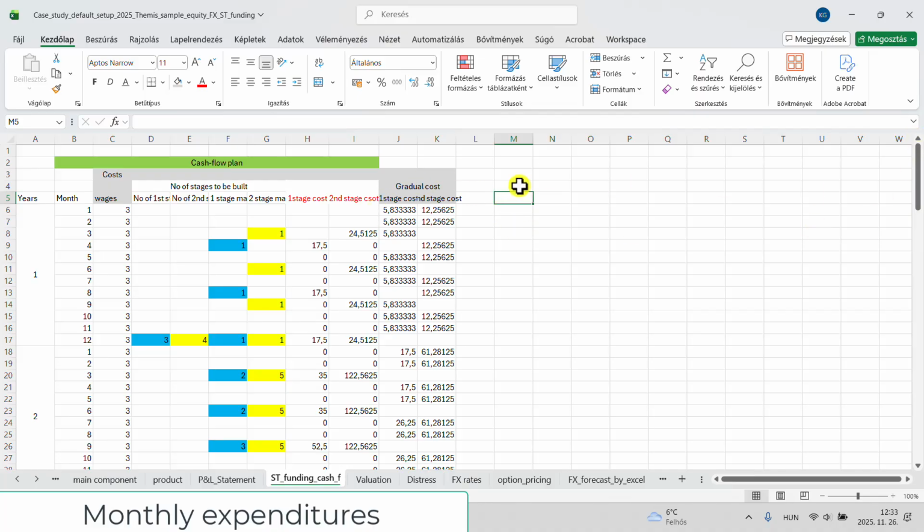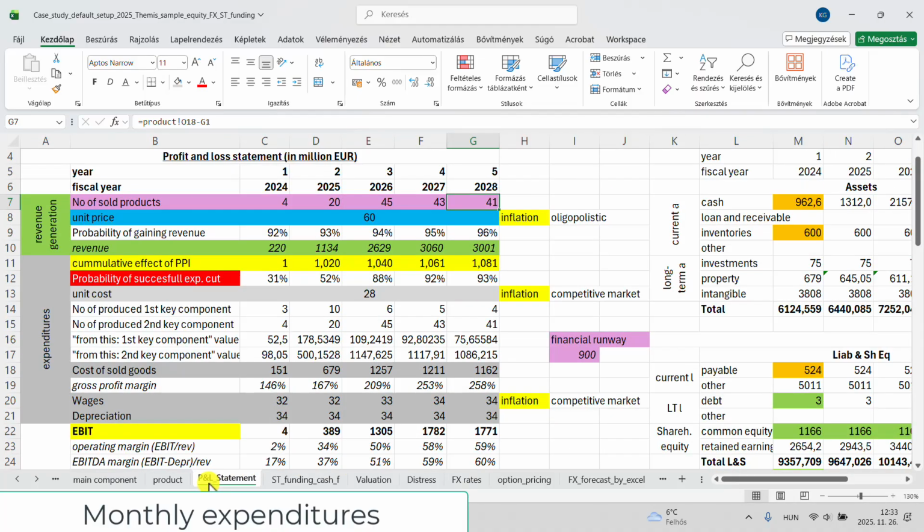So now we get the costs and practically have two kinds of costs, people and manufacturing. So now we just have to schedule in the revenues.